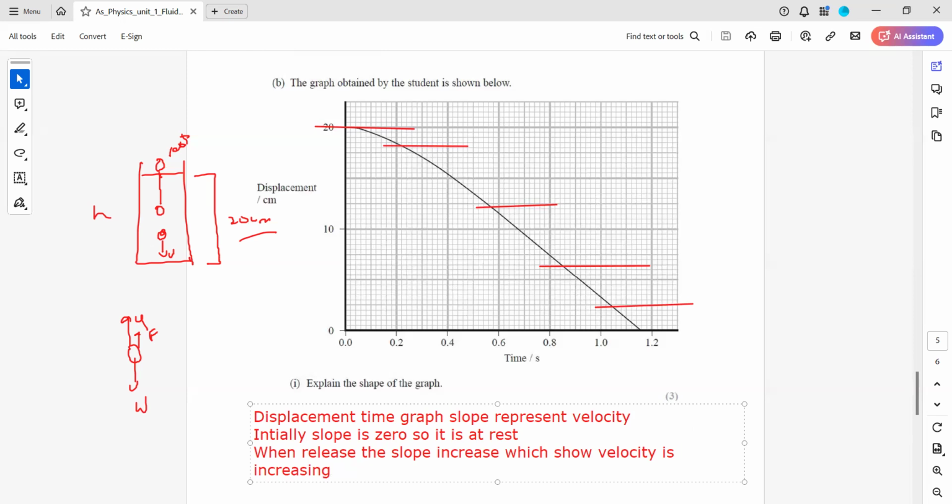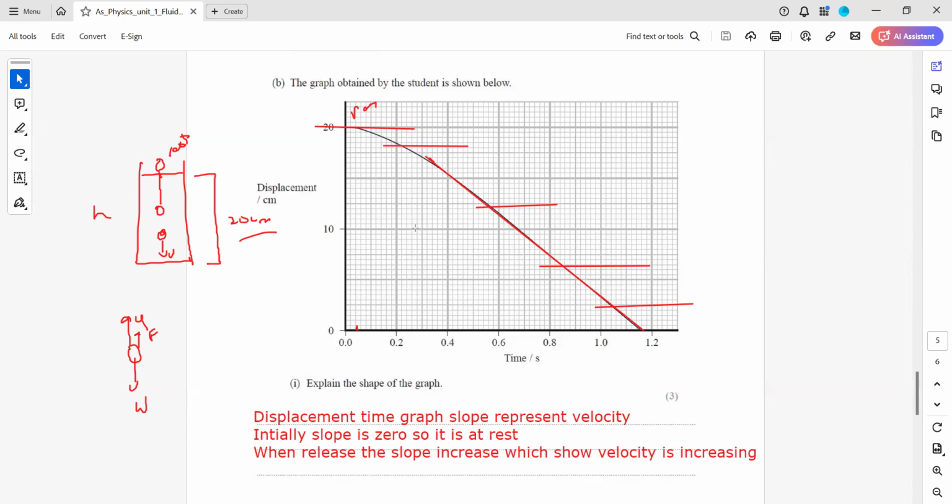And when they say to use the graph, you can also quote the values. The best way is to quote the values. For example, in the first 0.04 second or 0.2 second, it is at rest. Then till this point, we have a straight line.